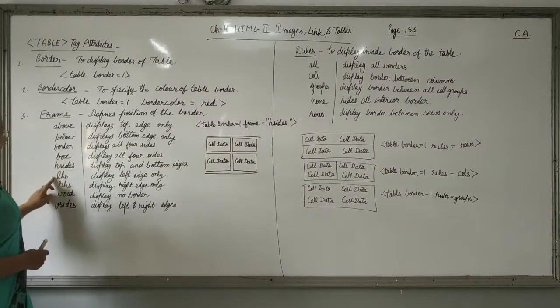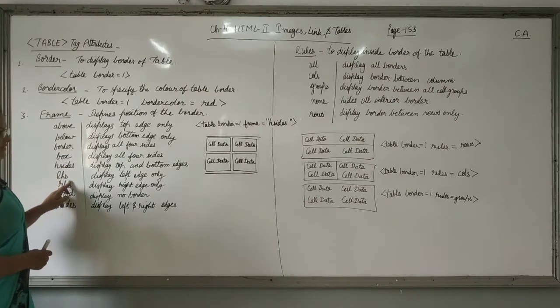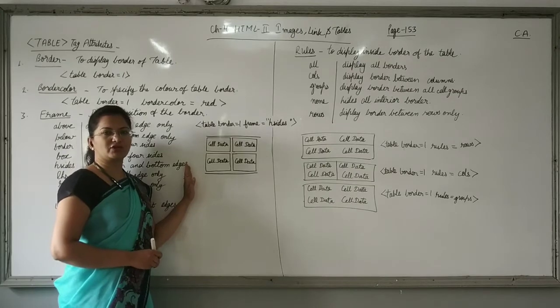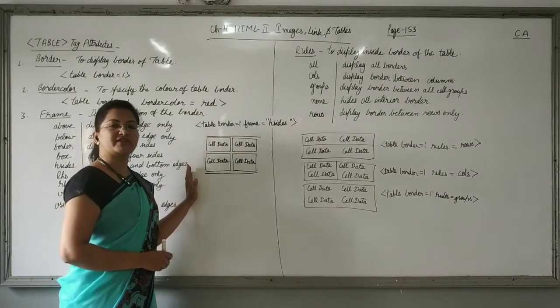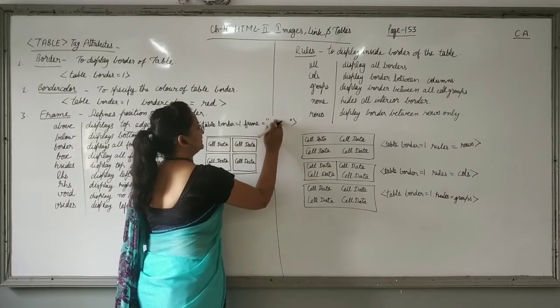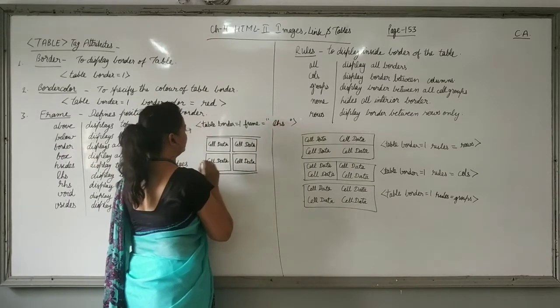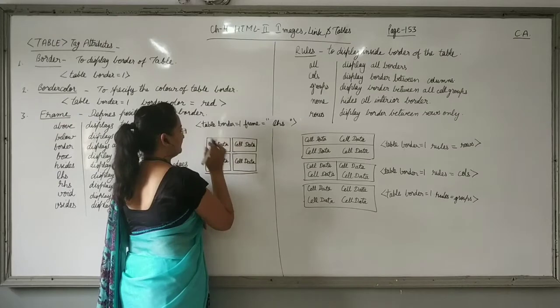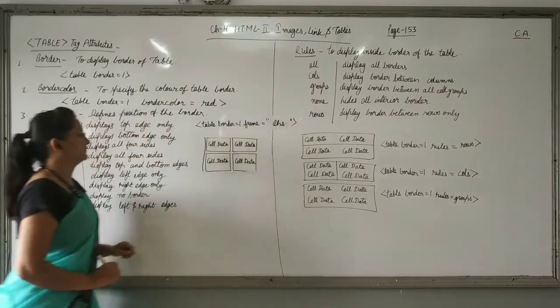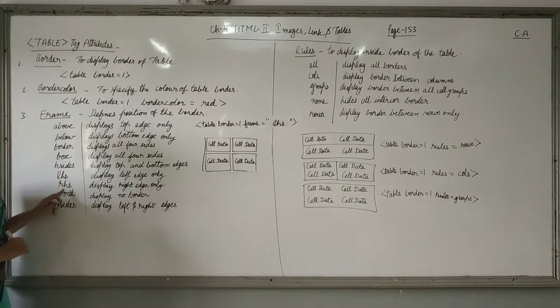After edge sides we have LHS. LHS means left hand side only; we have studied LHS in maths also. If I write LHS, then only the left hand side border will be visible, like this. Now RHS.